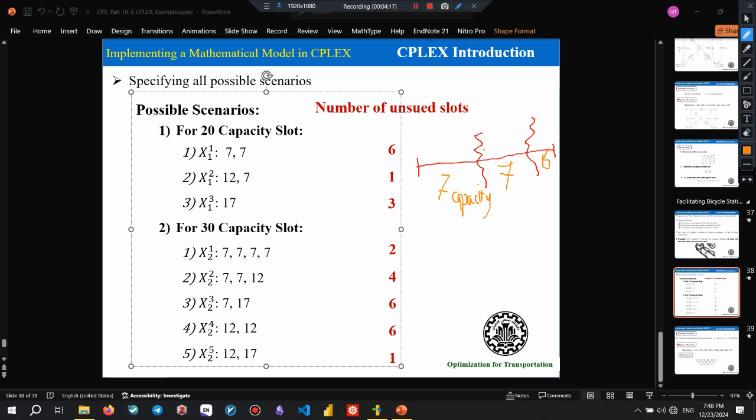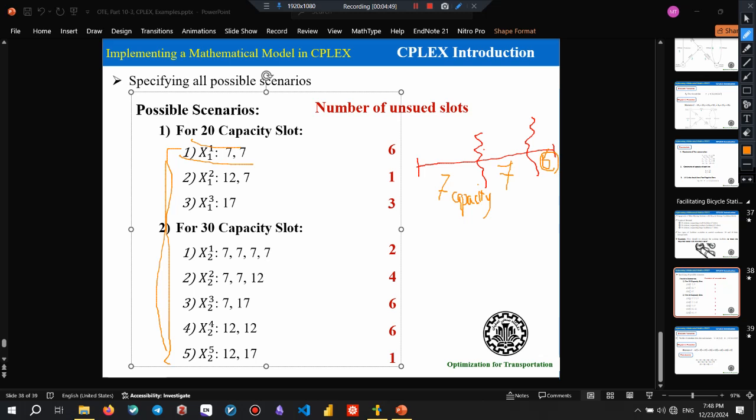You have to add these together and reduce the others to 20 from 20. So there are 6 residual slots for the first scenario, and you have to do this for all of them, and you will have these 8 scenarios, right?